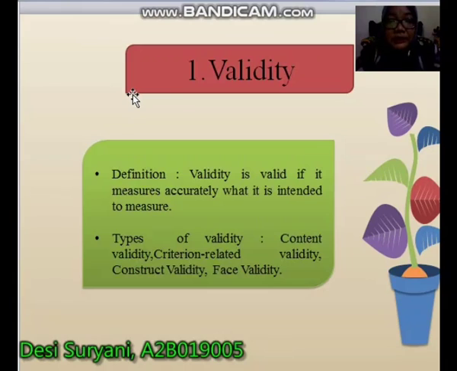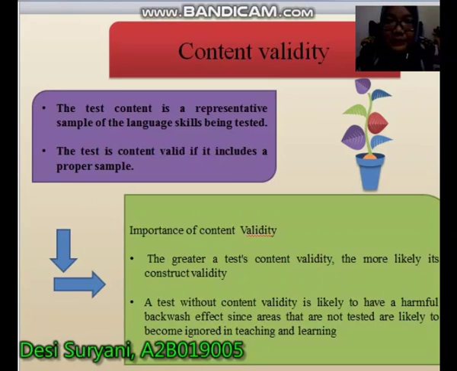This seems simple enough. When closely examined, however, the concept of validity reveals a number of aspects, each of which deserves our attention. And validity itself has several types as follows. The first one is content validity, criterion related validity, construct validity, and also face validity.